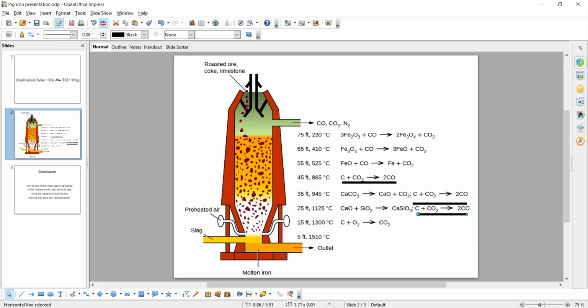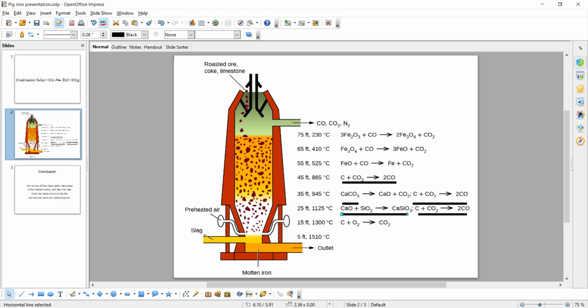Another thing that we will be using is the limestone, which is CaCO3, and we will be using that to create some CO2, but it will also create some CaO. And the CaO we will react with some SiO2, and that will make CaSiO3.